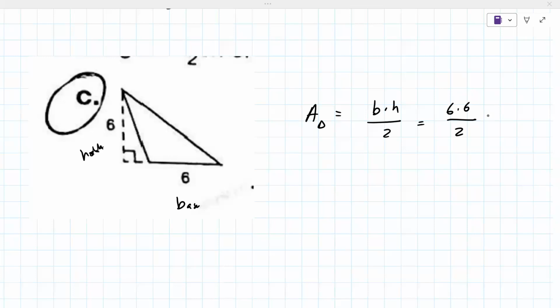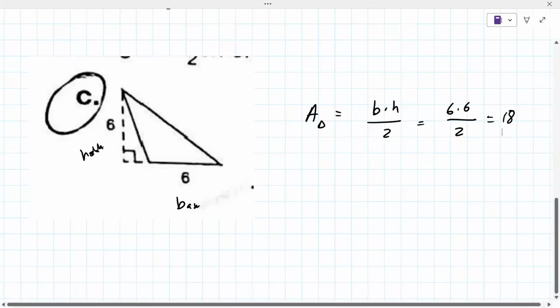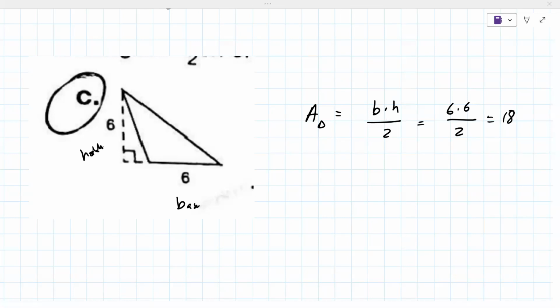It is 18, very good. Any questions on that before we move on to D? No. Okay.